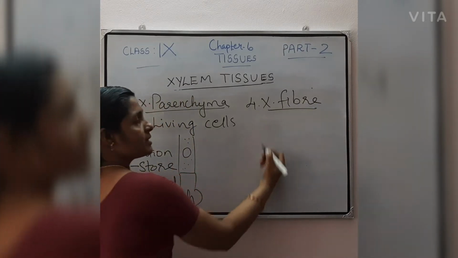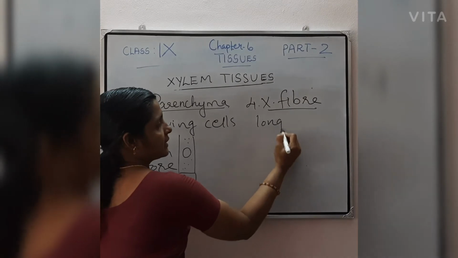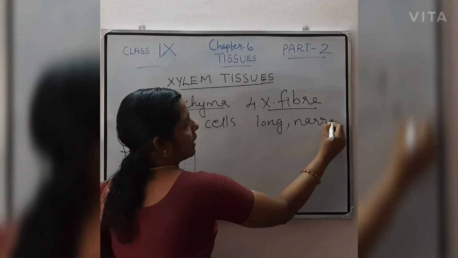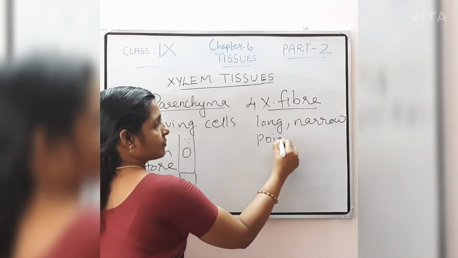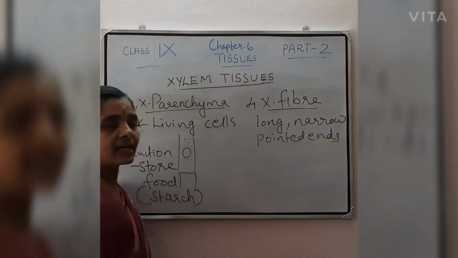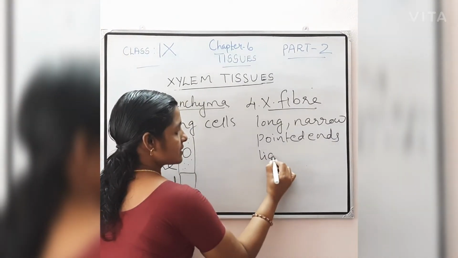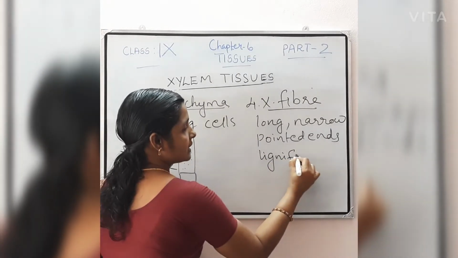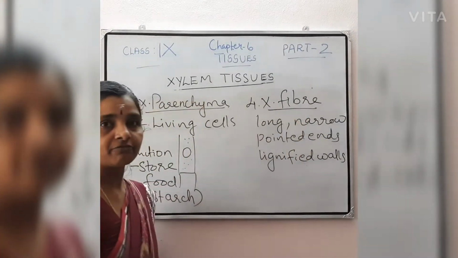These xylem fibers have long, narrow cells with pointed ends, and their wall is made up of a material called lignin. So you can see the lignified walls in the xylem fiber.